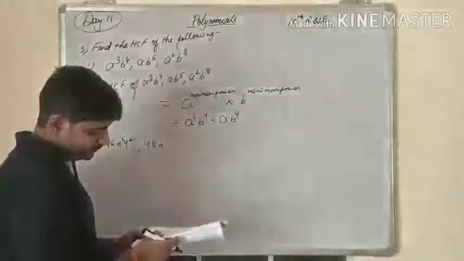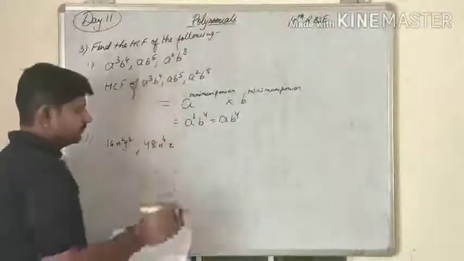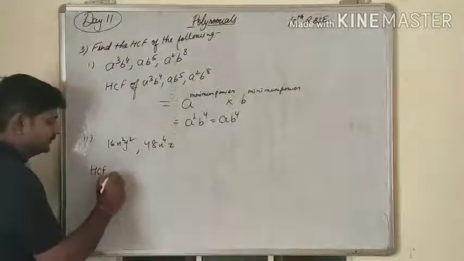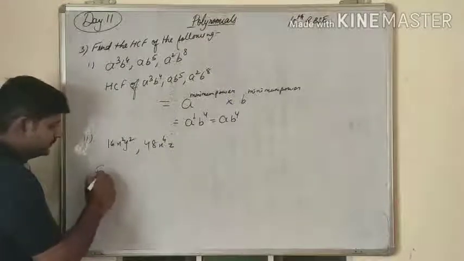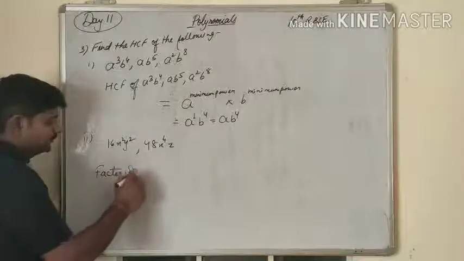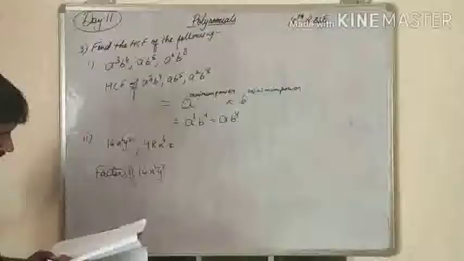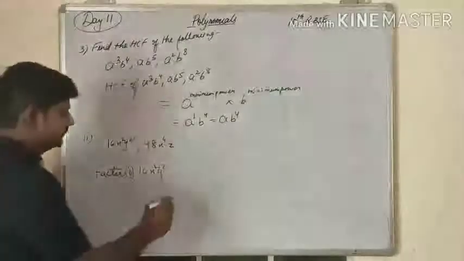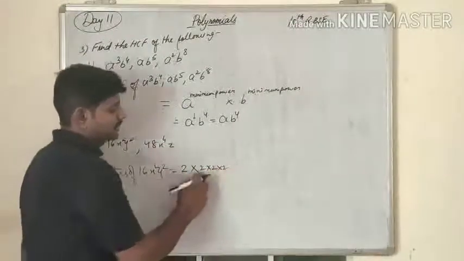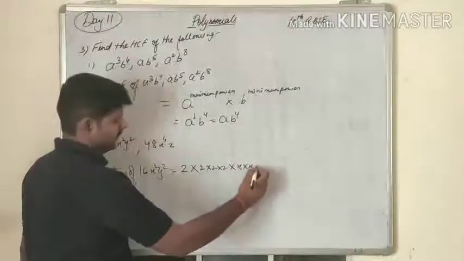Similarly, in the second part, there are given 16x square y square and 48x raised to 4 z. If we are finding the highest common factor, first of all we factorize. Factors of 16x square y square: 2 into 2 into 2 into 2, that is 16, x square and y square.